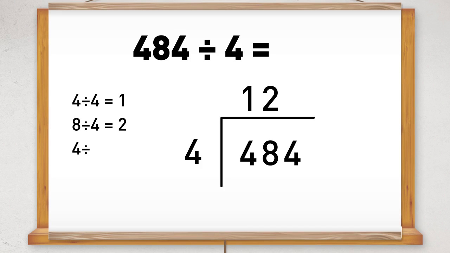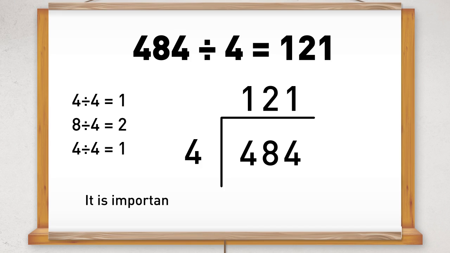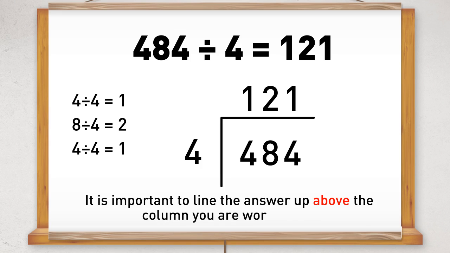And 4 goes into 4 once, so 1 goes on the answer line above the 4. The answer is therefore 121. So Mary and her 3 friends will pay £121 each. It's important to line the answers above the column you are working on. This makes it much easier to move on to the long multiplication and working with decimal divisions later.